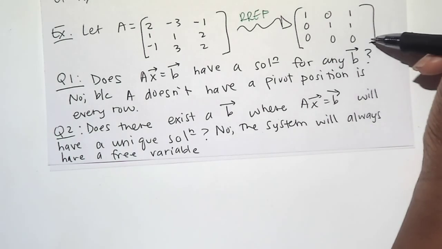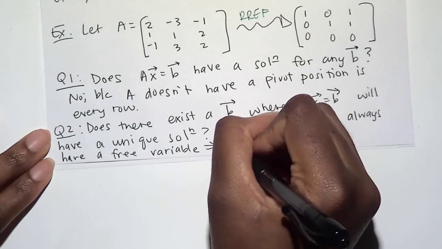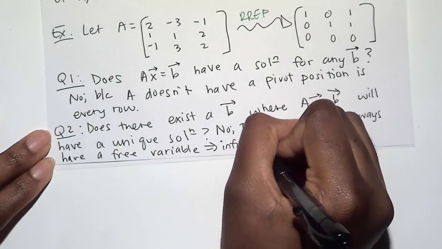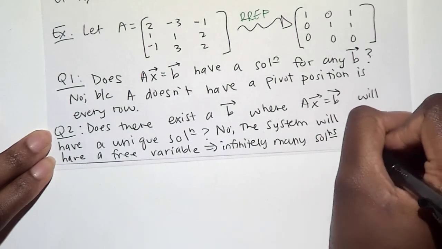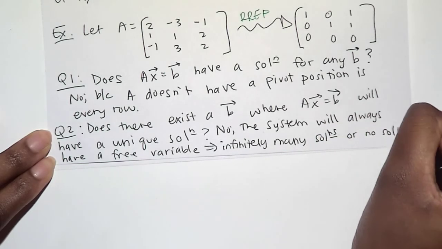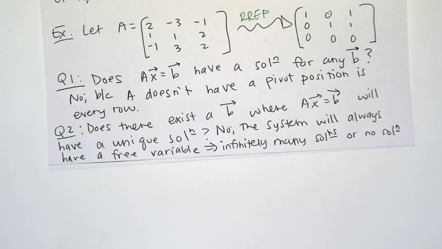If something strange happens over here. So we can have infinitely many solutions or no solutions, but we won't have a unique solution with this kind of setup. All right, so that is the end of this section.